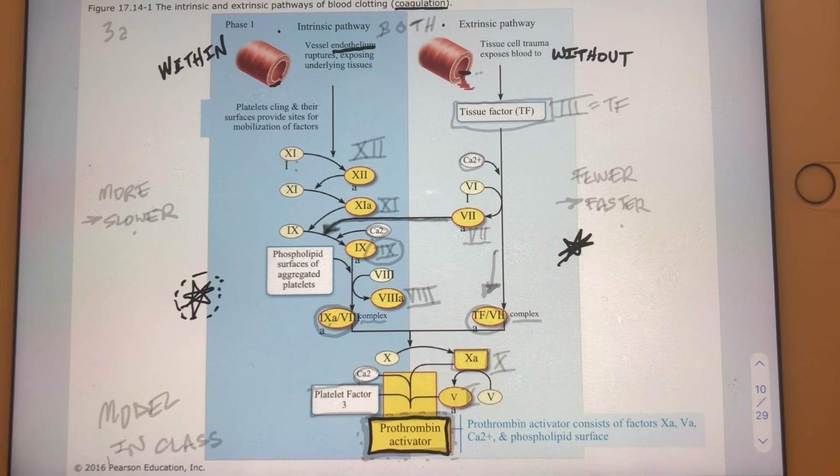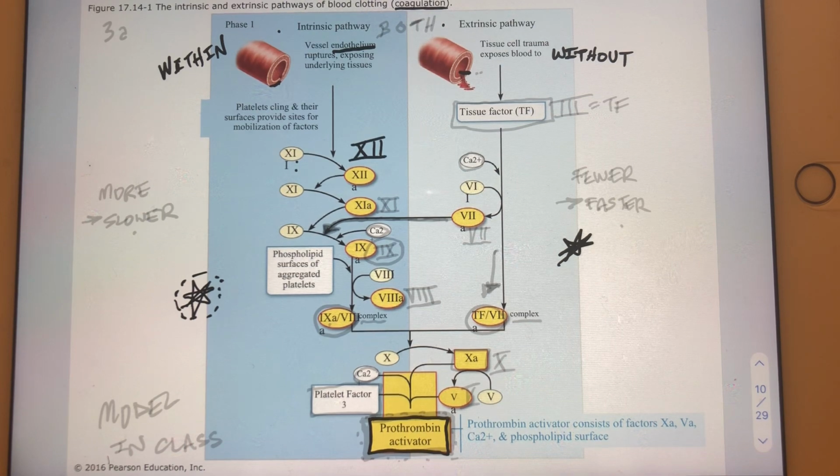And in turn, part of what they express upon activation is going to help to activate clotting factor 12. Sorry about this weird typo here. That's the first activated clotting factor in the intrinsic cascade.